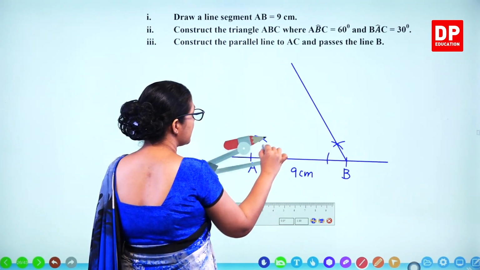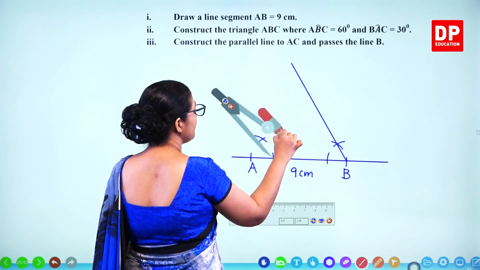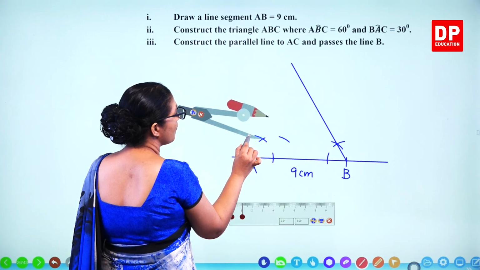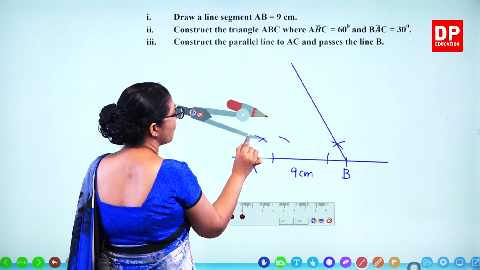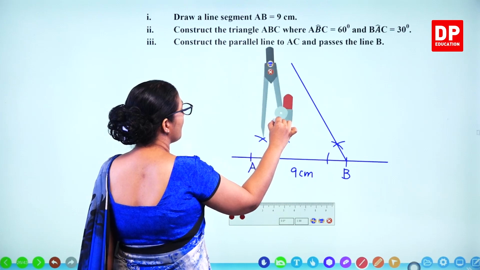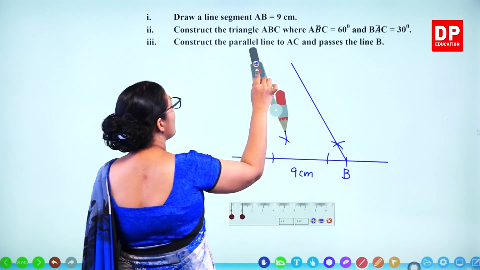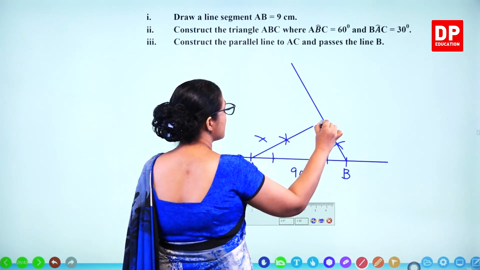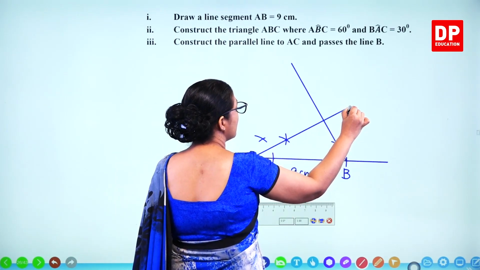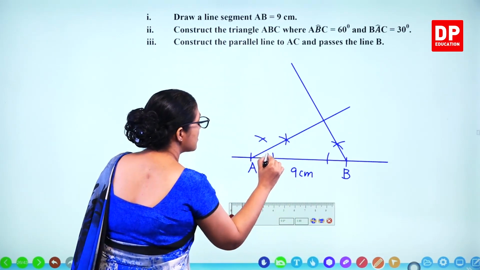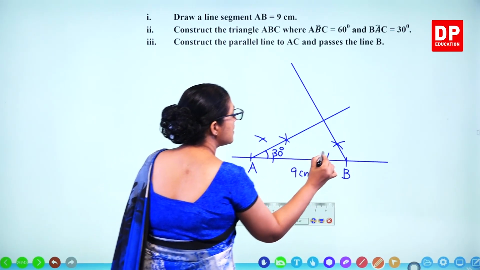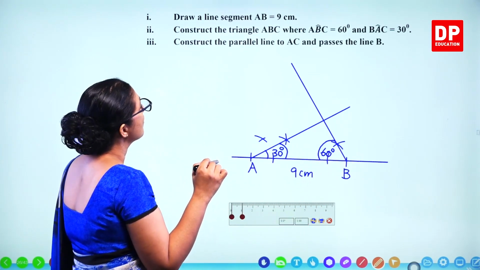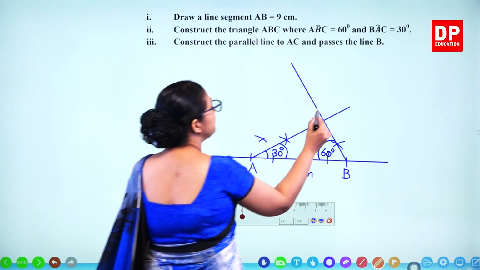Now we can bisect that angle. So I'm bisecting the angle. That's 30. So this is 30 and this is 60. Then this becomes 90.